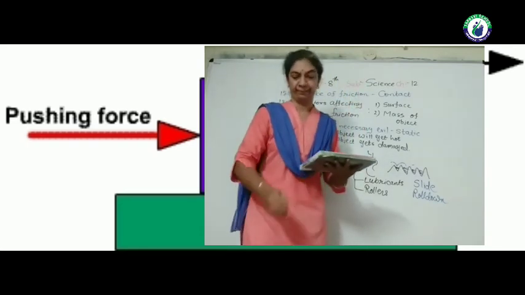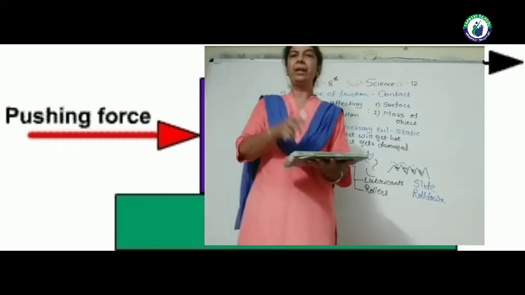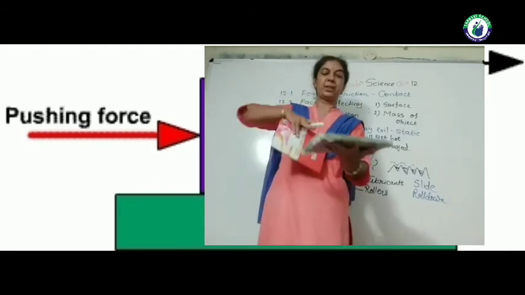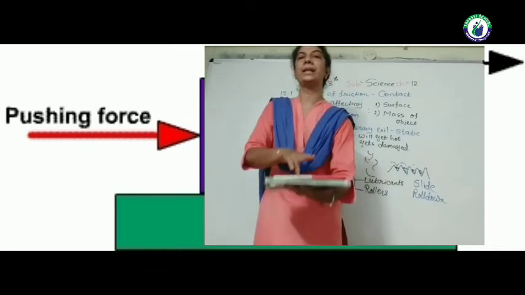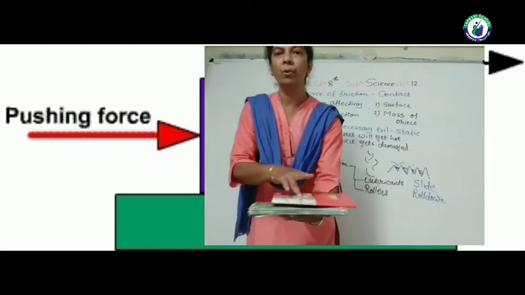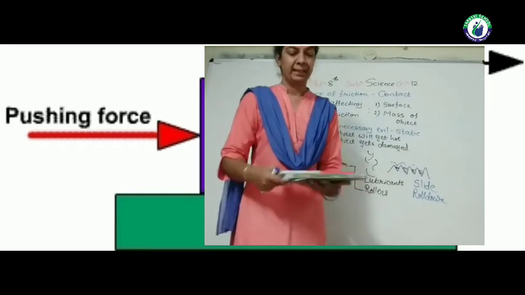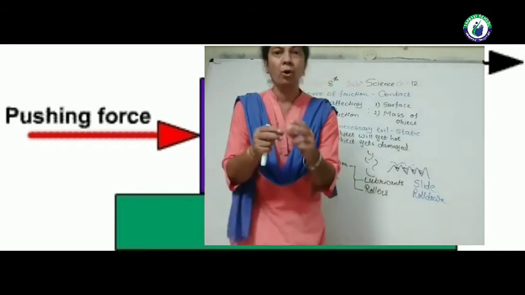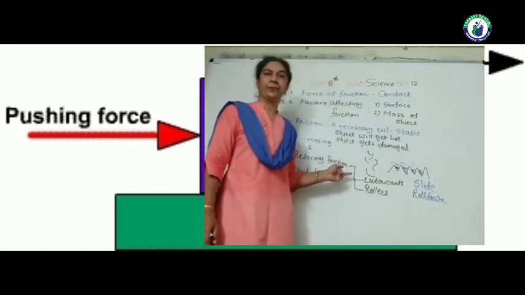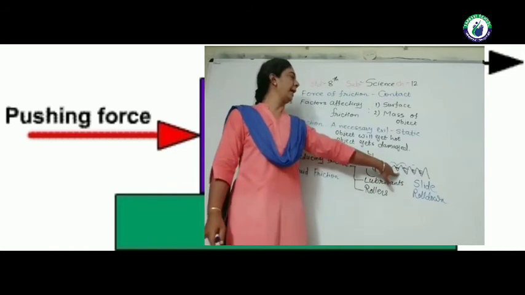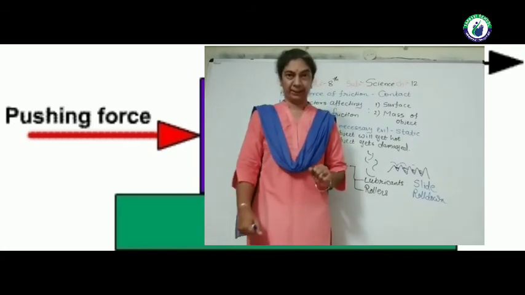Now the third one. Instead of keeping these surfaces in full contact, I will use a roller. I am just putting a roller in between. Now you can see that I can move this book with my one finger. So this is the explanation that by putting rollers in between the surfaces, we can reduce the friction, or we can apply lubricants in between the surfaces.